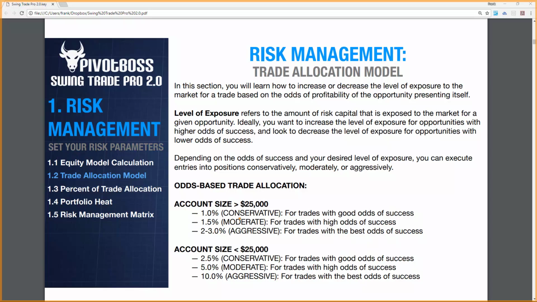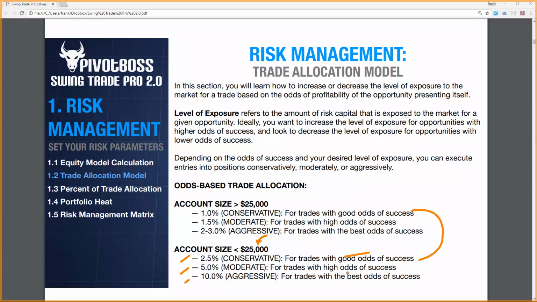So again, 1% is rather conservative, 1.5% is right in the middle, 2.5% pretty aggressive. And now when you start working with the odds of success for a given opportunity, you can then tie those together. So again, that's a very, very important way to go. Again, over here for an account size less than 25% and you're using 2.5%, 5%, and 10%, it's the same idea.